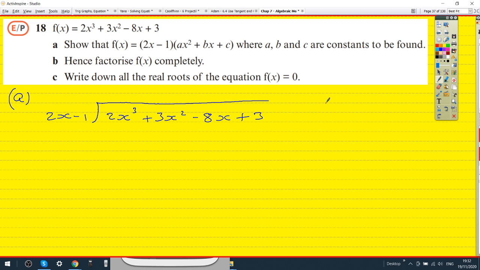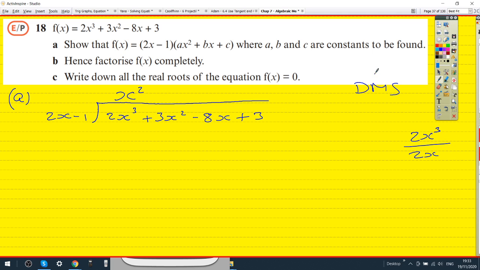And then the first thing you do is 2x cubed divided by 2x. So you get on the top 2 divided by 2, 1, so just x squared.